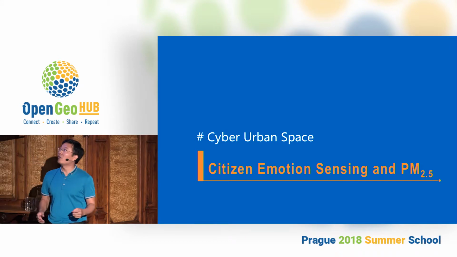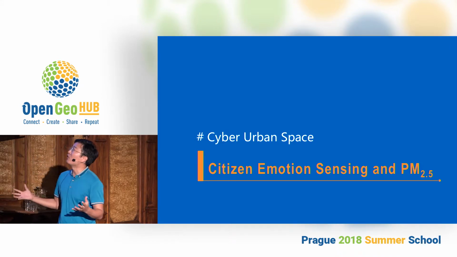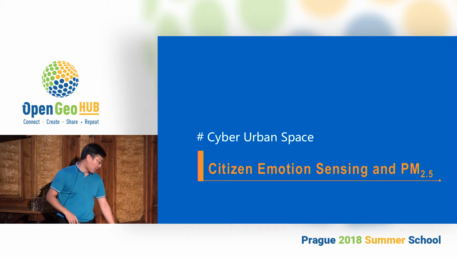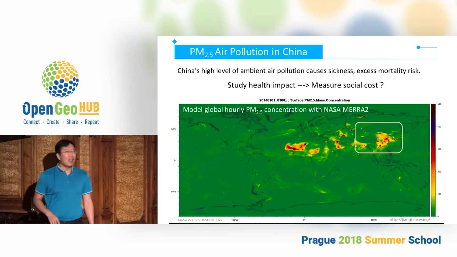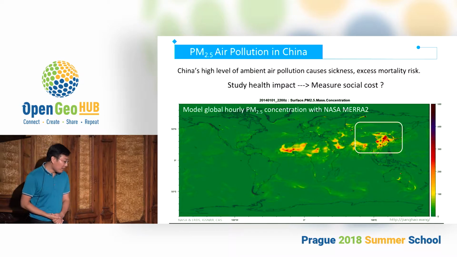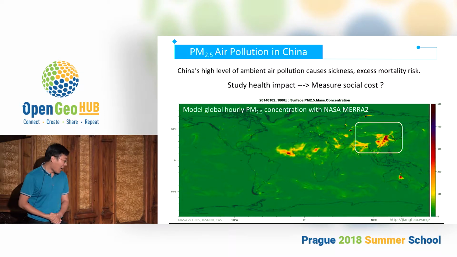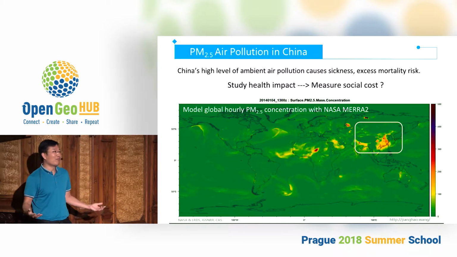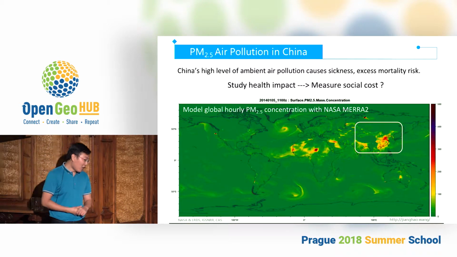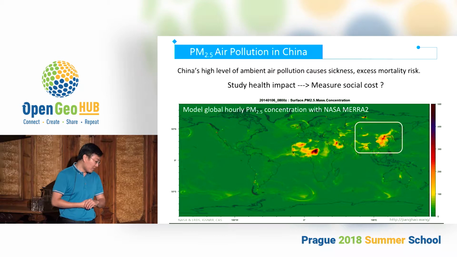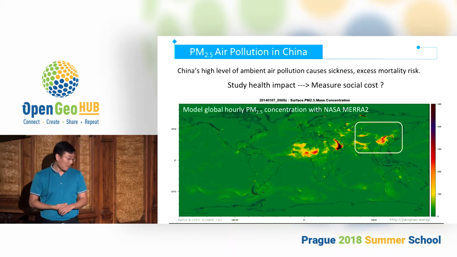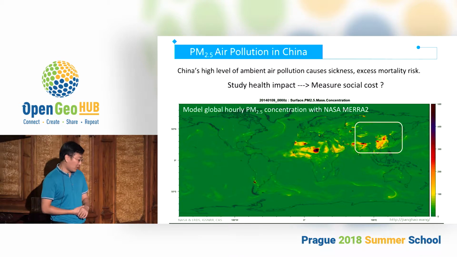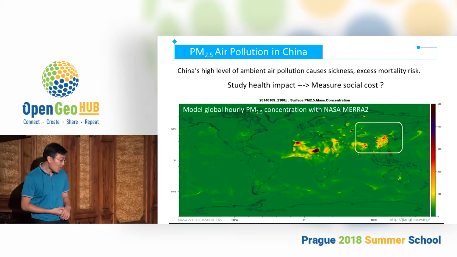The last one is about the cyber space of the city, which tells the story of citizen emotions and air pollution. As the largest developing country, China has a significant air pollution problem. High-level ambient air pollution causes sickness and a mortality risk.